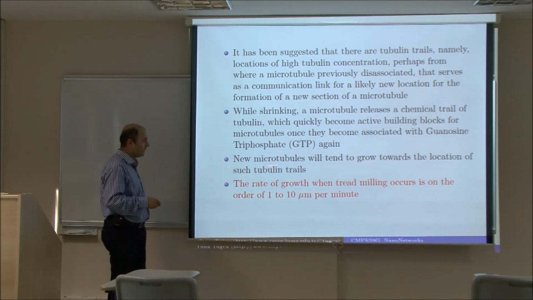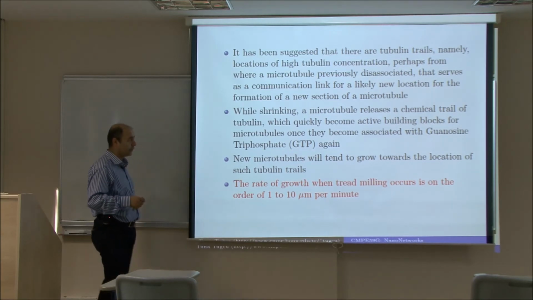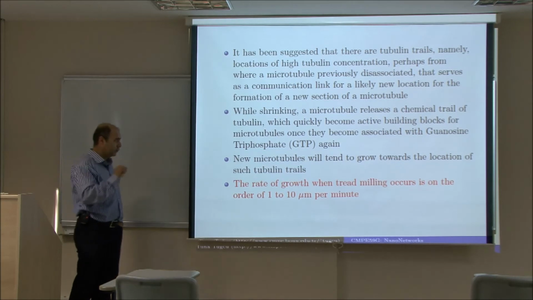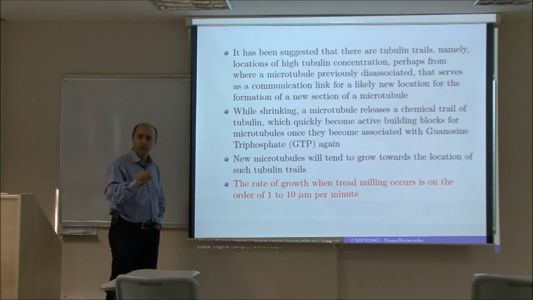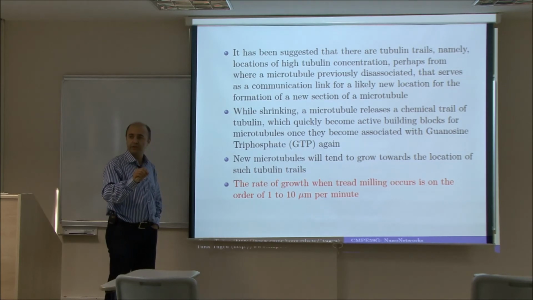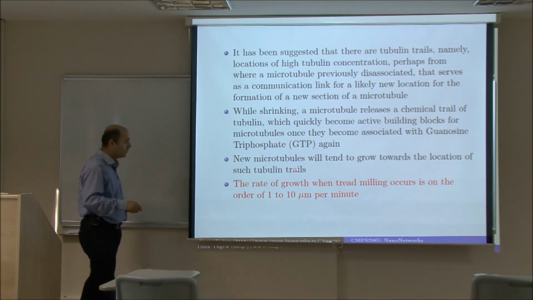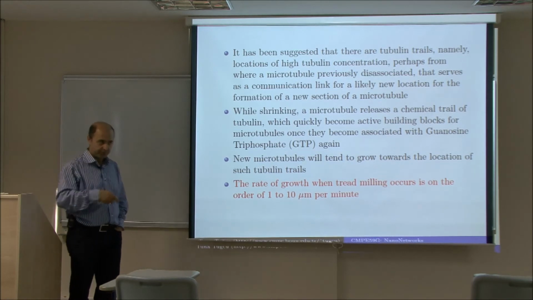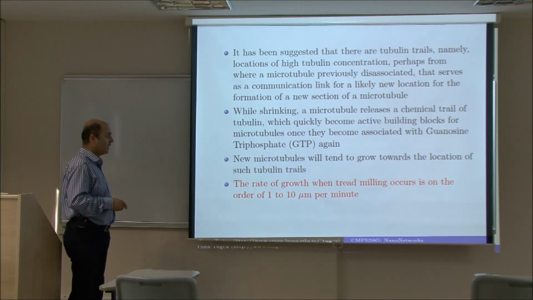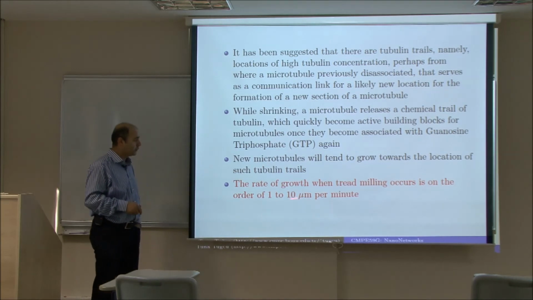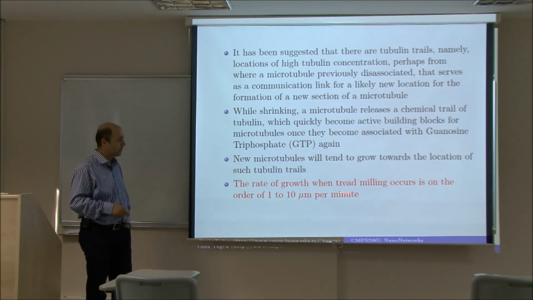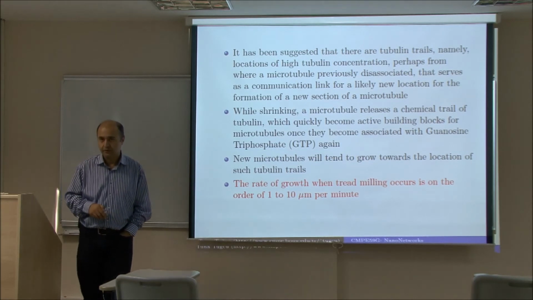And these new microtubules will tend to grow towards the location of such tubulin trails, because wherever you have those trails, you have the necessary parts for its production. So the rate of growth of the rail when this thread milling occurs is on the order of 1 to 10 micrometers per minute. Okay?